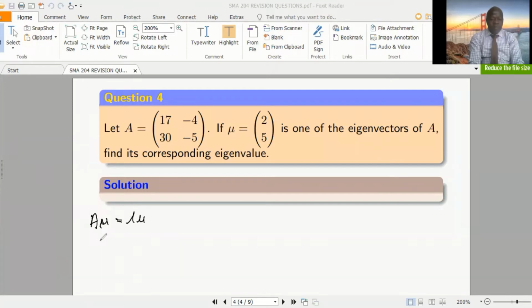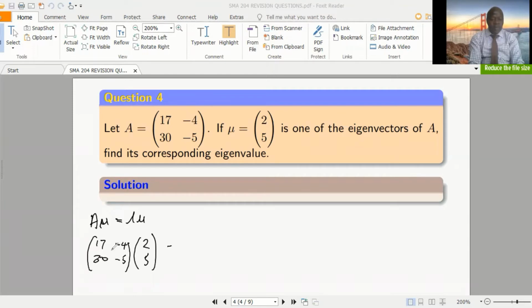So if I take this matrix A and multiply it by the eigenvector 2, 5, the result should be the same as eigenvalue times eigenvector.